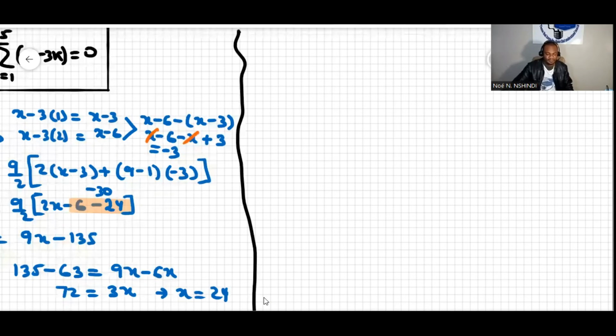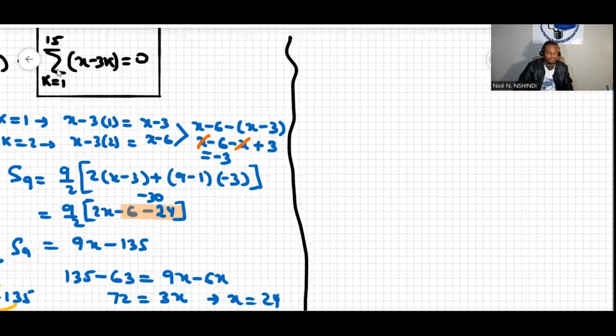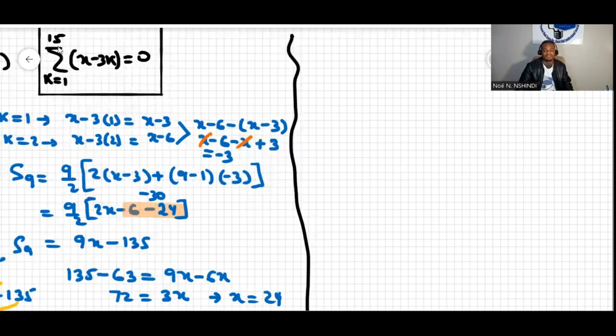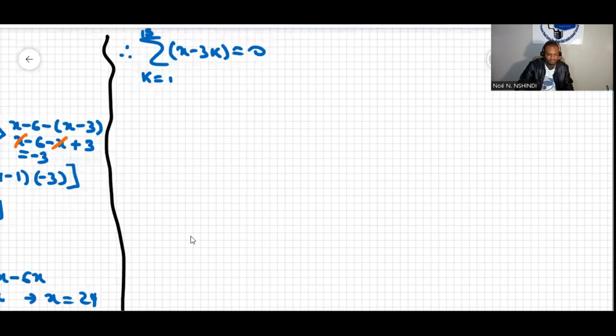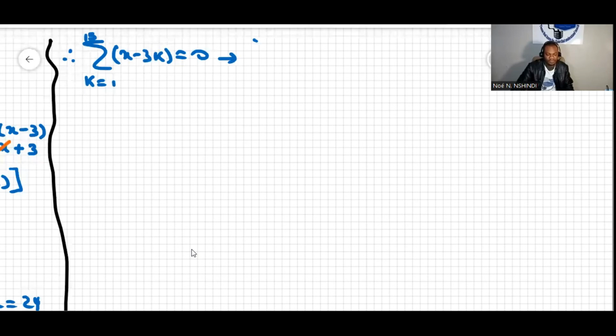The sum that we have over here, the sum from k from 1 to 15, therefore the sum of x minus 3k equal to 0, k starting from 1 to 15, will then become the sum with x as 24 now, k from 1 to 15.